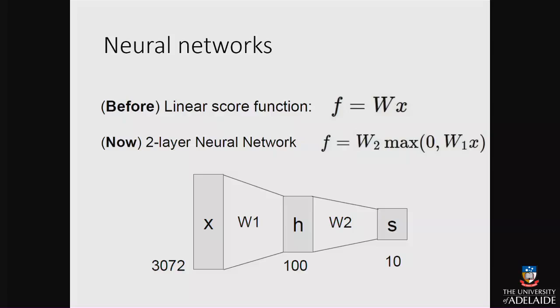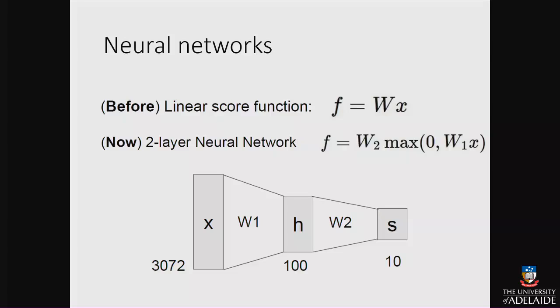We first use the linear transformation, W1 times x, and the output is 100 numbers, which gives me a hidden state. Then I run the nonlinear function, max(0, W1x). For each of the 100 numbers I run this nonlinear operation, which gives me another 100 outputs. Then I multiply by W2, another linear function, and the output is 10.